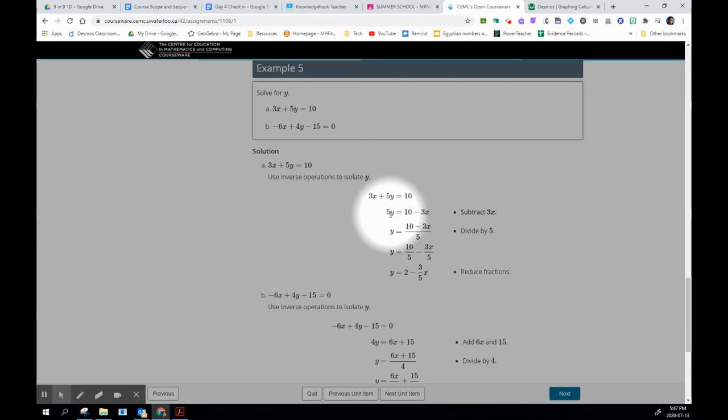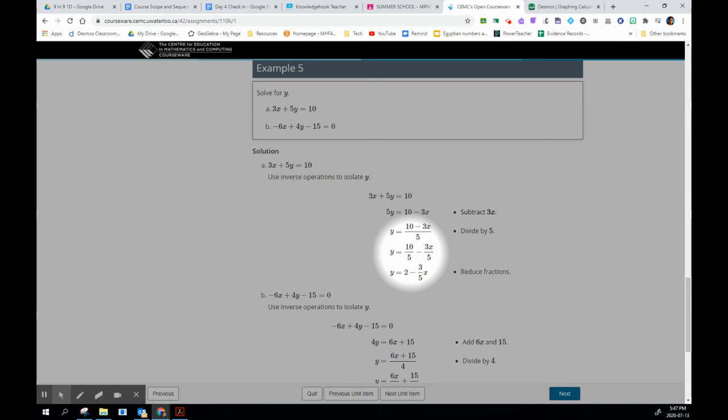When I do that, I end up with y by itself on the left side, and 10 minus 3x divided by 5 on the right side. Of course, I can see that this is equivalent to 10 divided by 5, and then negative 3x divided by 5. 5 is a denominator for both the 10 and the negative 3x.